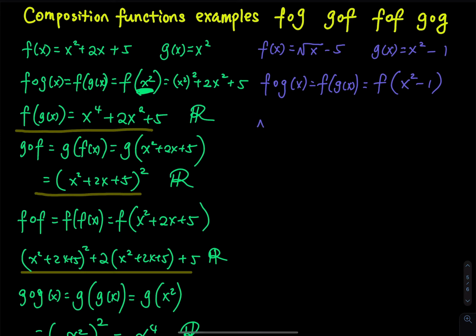So that means you put the entire piece inside a square root. Draw the square root, and then minus 5. Right? You put this piece in there. Okay, so you have x squared minus 1. So that is for f of g.